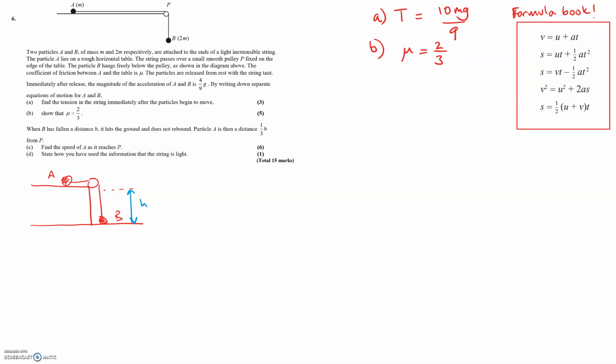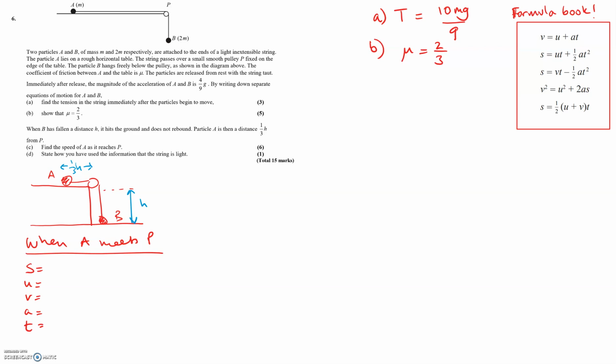And now A is 1/3 h from the pulley. So because it sounds like SUVAT, I'm going to write down some SUVAT quantities. And this is for when A meets P, because it says what's the speed of A as it reaches P. So if I write these down, I can think about what I need to look for.